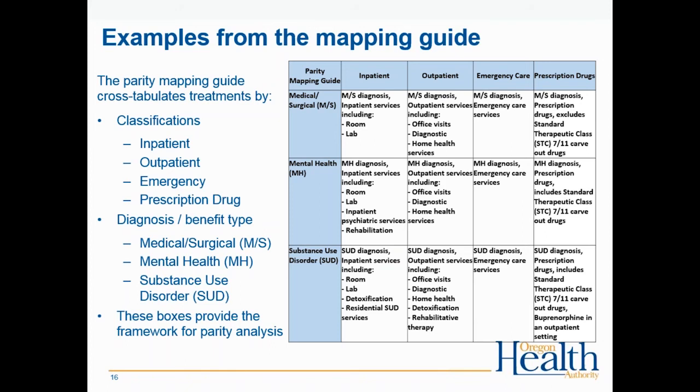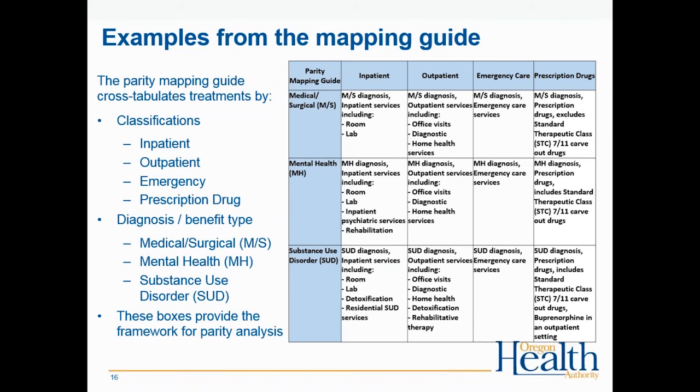These are treatments that are sorted by diagnosis, and we're looking at inpatient services. That would include things like room, lab, anesthesia, surgical procedures, that sort of thing. As we move down that column to the inpatient cross with mental health, we're looking at mental health diagnosis and treatments, and we're looking at inpatient services, including the same sorts of things.